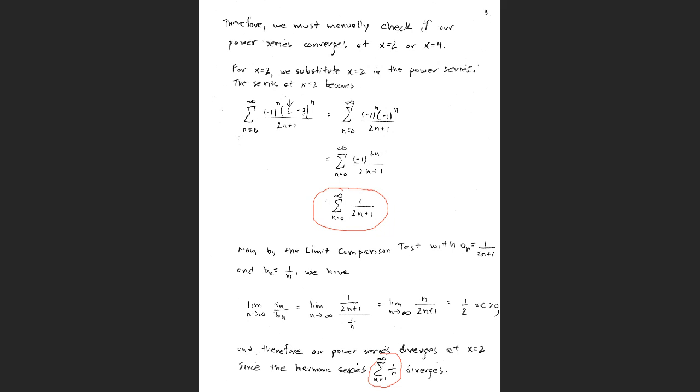If we look at the ratio of the terms of these two series, as n gets large, the terms of our series are basically going to be 1/2 times the terms of the harmonic series.